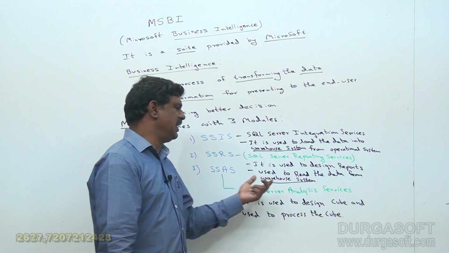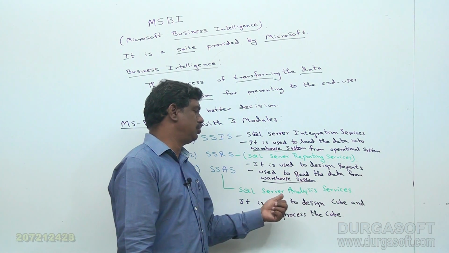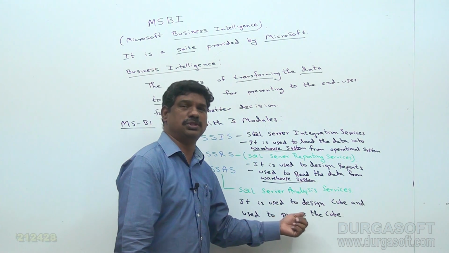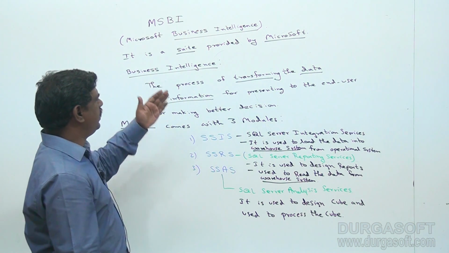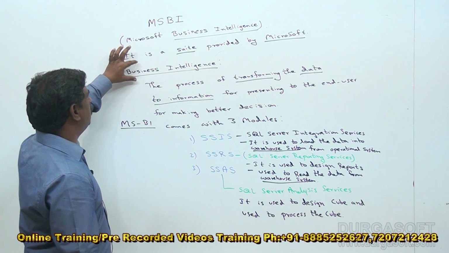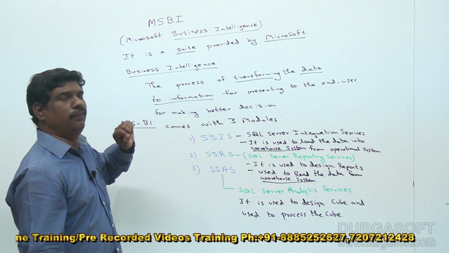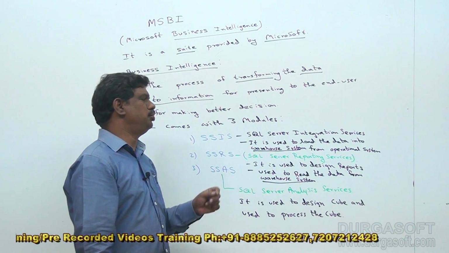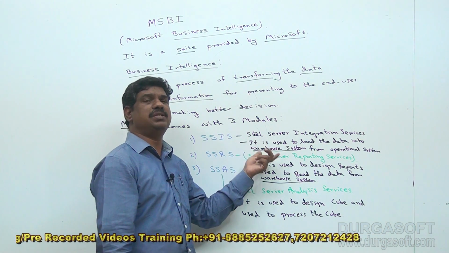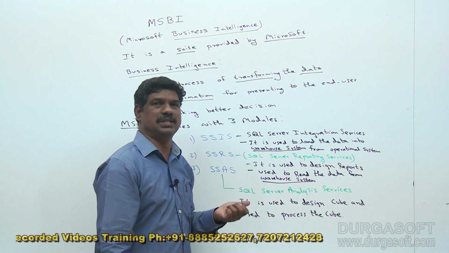It is to design a cube. SQL Server Analysis Services is used to design a cube and to process the cube into a database. But why do you need all these things? Mainly because of business intelligence. Where are you applying all these things? On the warehouse system. So you should have a basic idea of what a data warehouse is and how you implement this business intelligence.